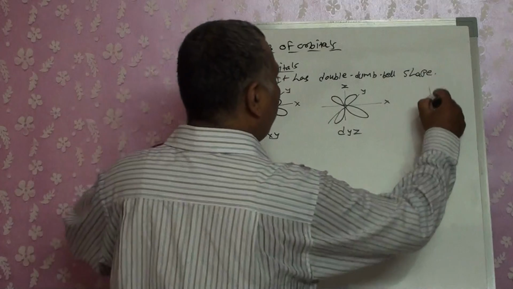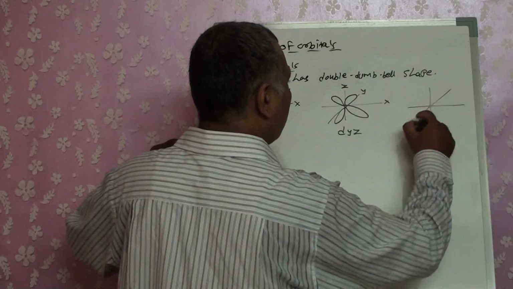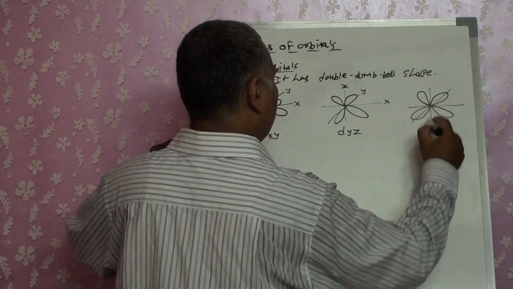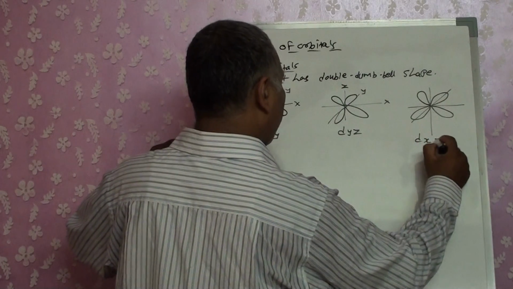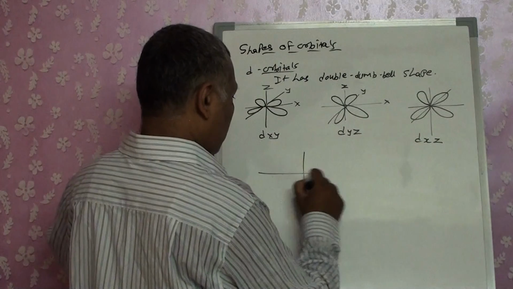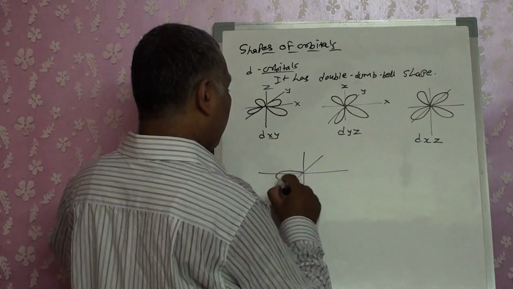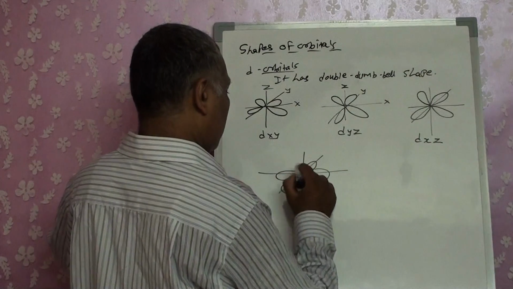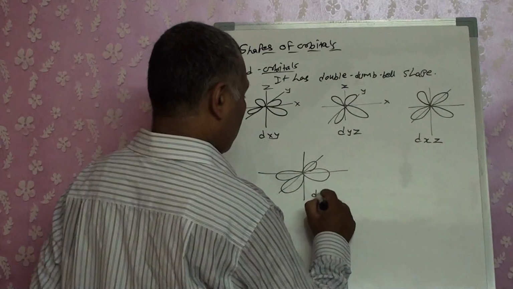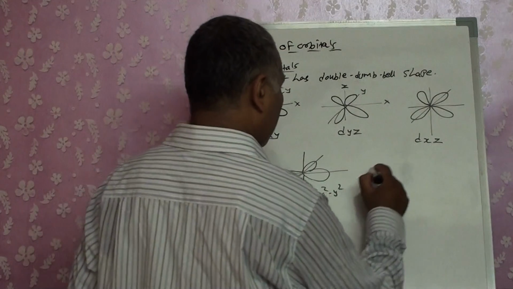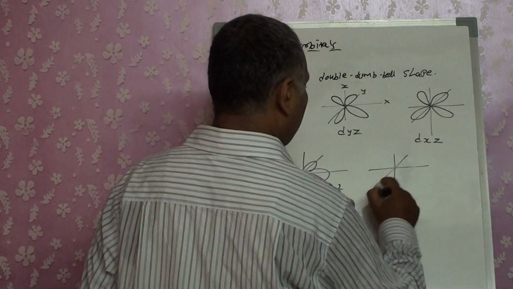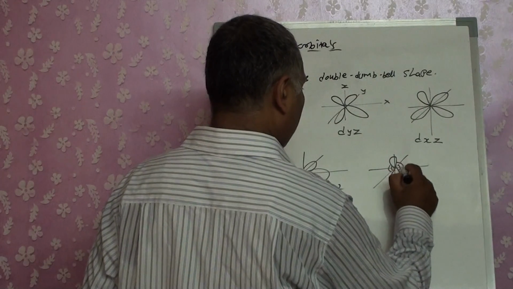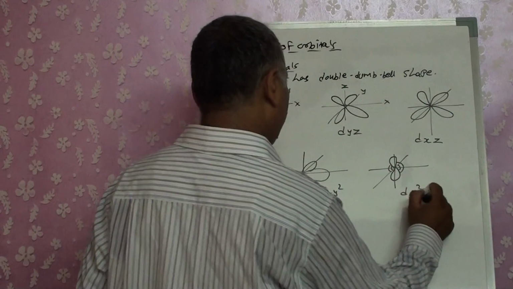When we plot it between x and z, dxz. On x and y axes, dx square minus y square. On z square, and then spherical, dz square.